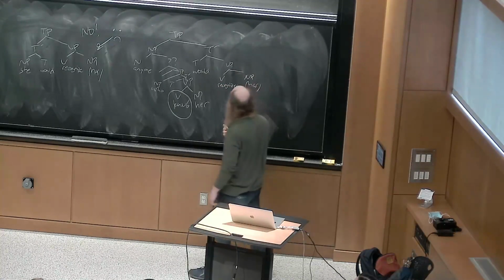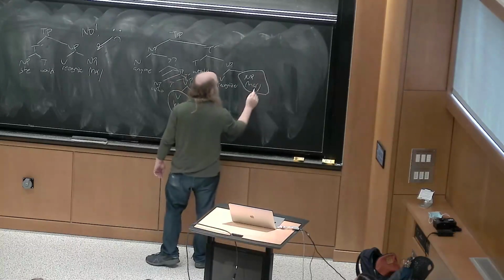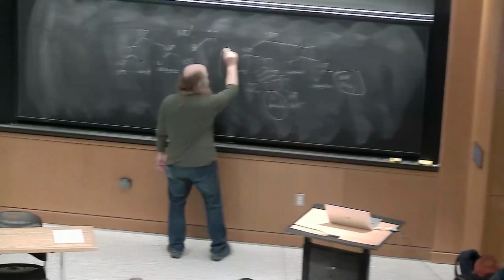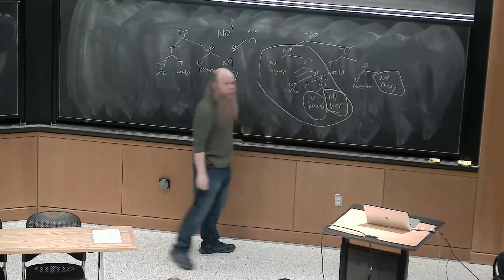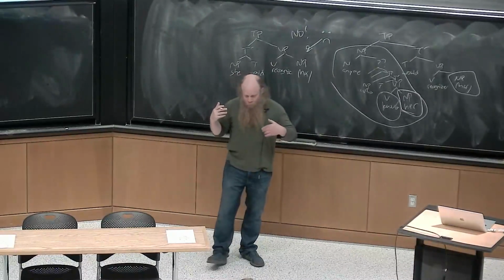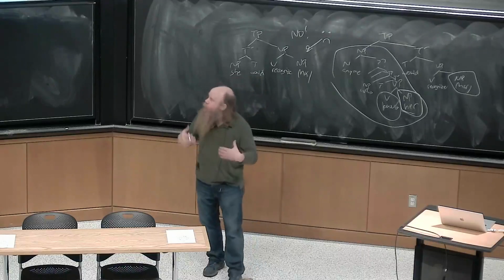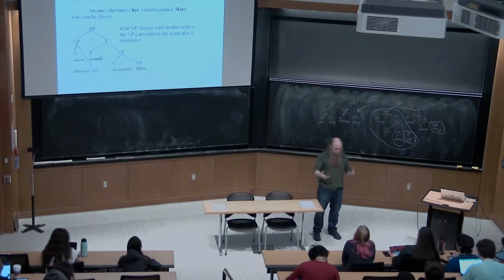So now, apart from Mary, there are 3 noun phrases in this sentence. There's Mary, there's this thing, and there's this pronoun, her. And the claim is that a noun phrase can't refer to something that is contained in the alpha with which the noun phrase merges.